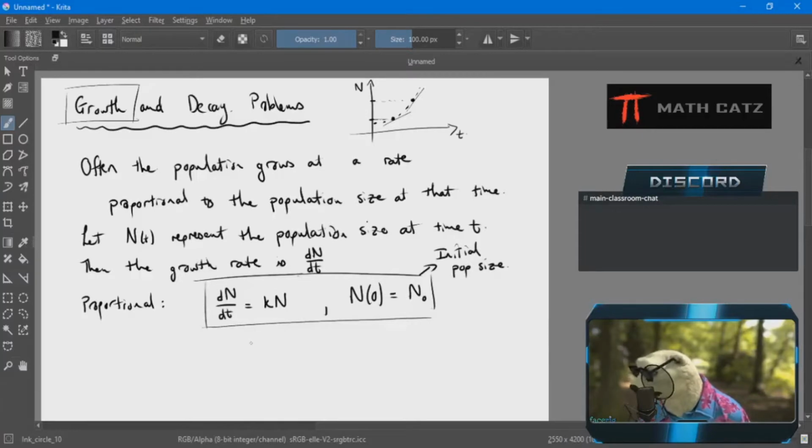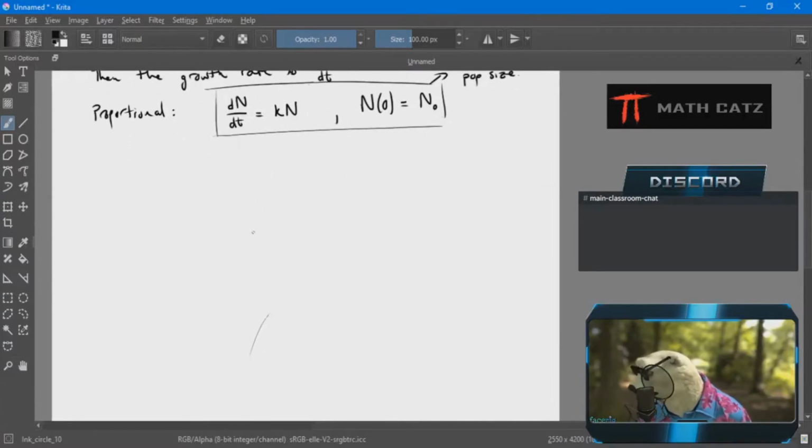So I'm going to solve this in general first to see what it looks like. Now we'll redo that over and over for each question to practice, but let's do it in general first. So solving this differential equation.